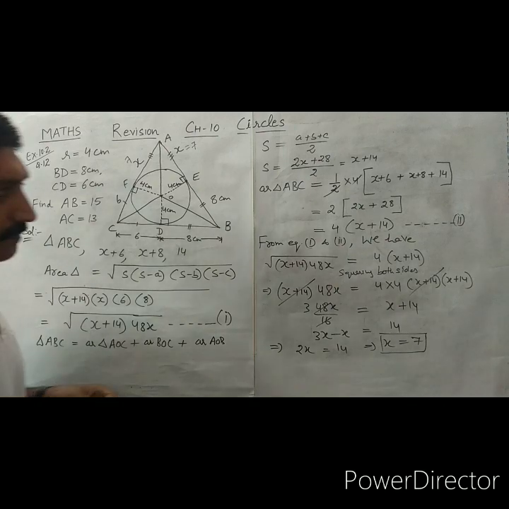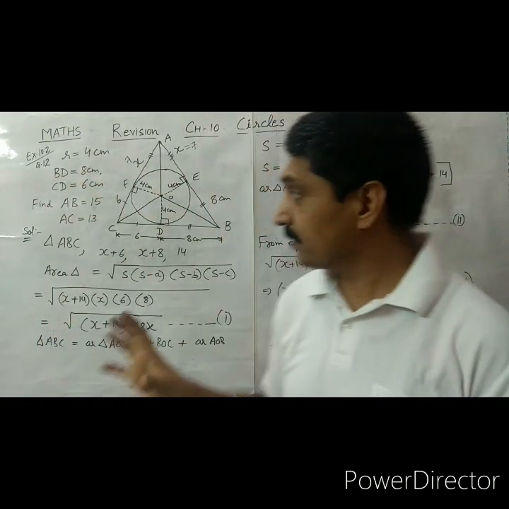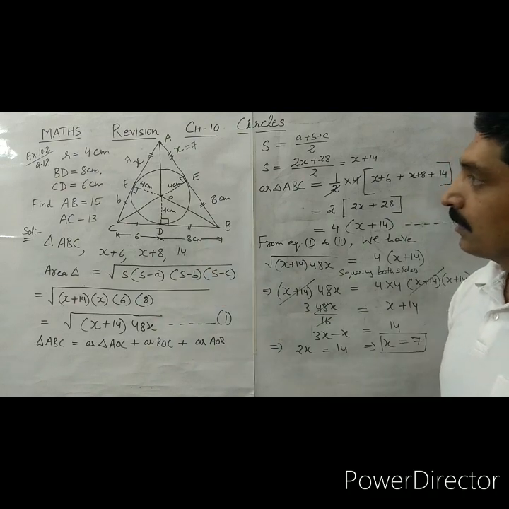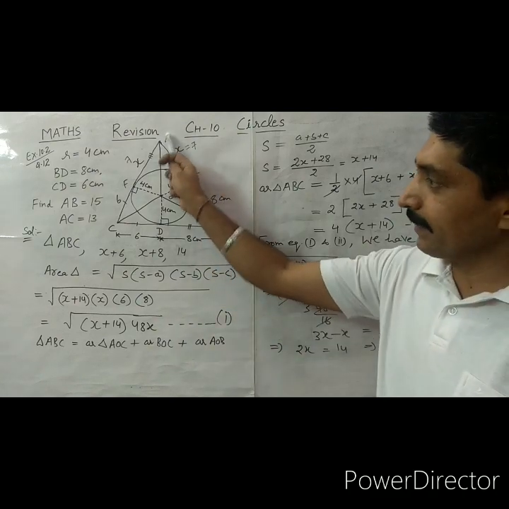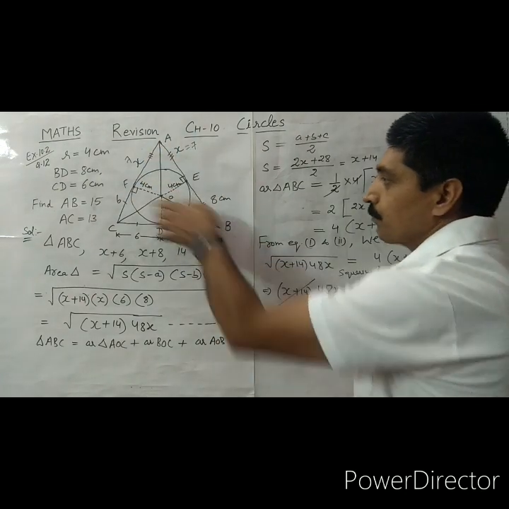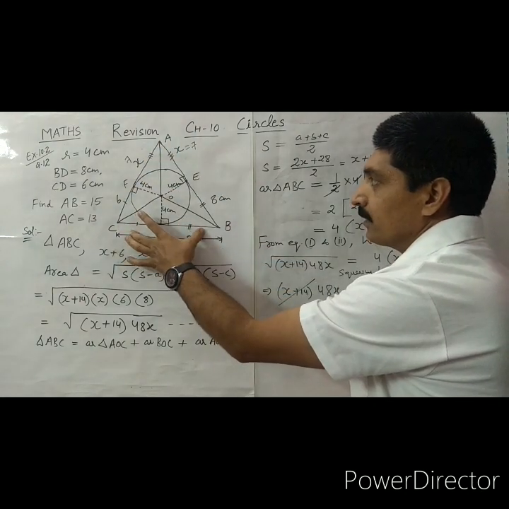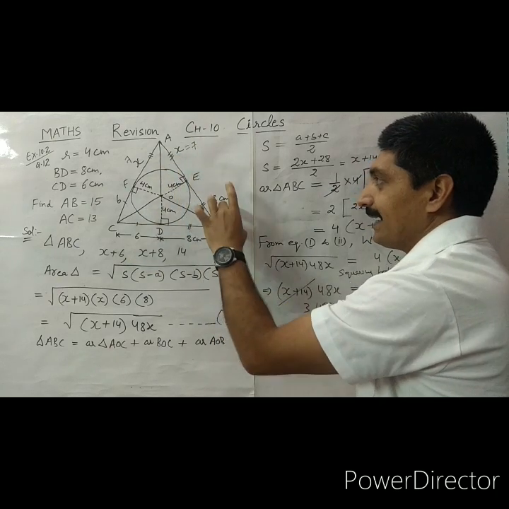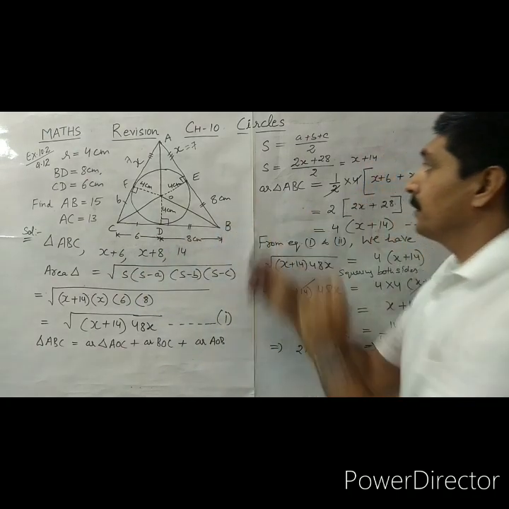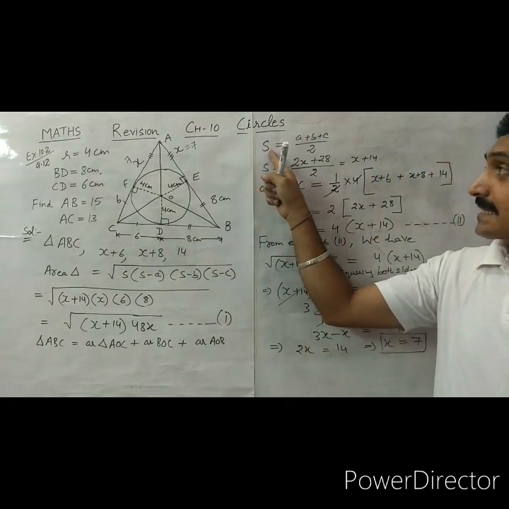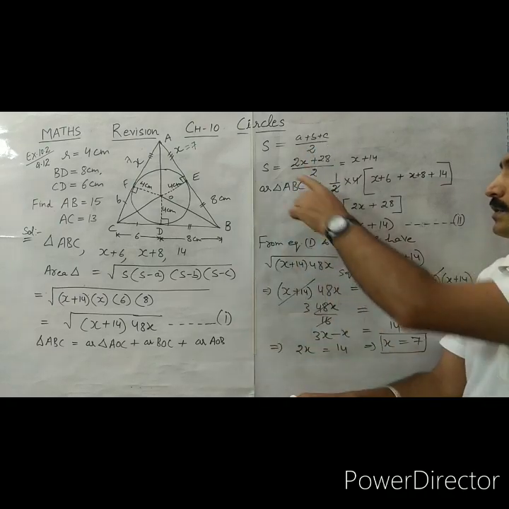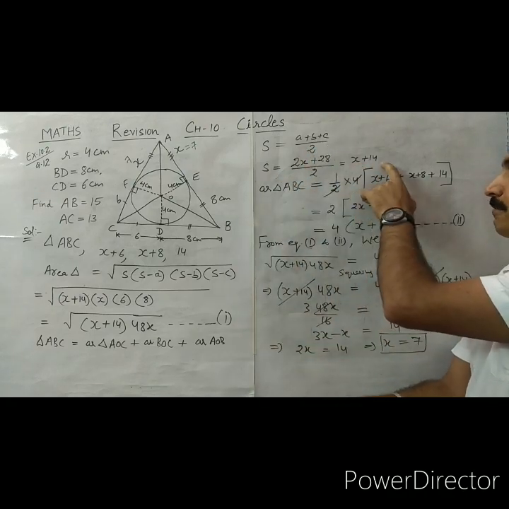So let's recapitulate again all this calculation work. We have to find here AC and AB. I have applied the Heron's formula. One side is 14, this side is x plus 8, and this side is x plus 6. First I have find the semi-perimeter, sum of the three sides divided by 2, which is equal to x plus 14.